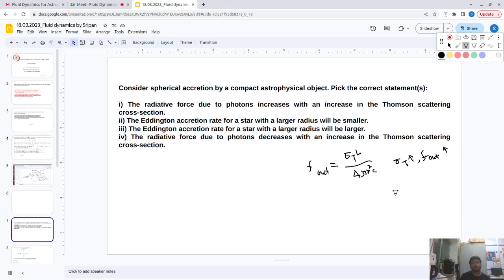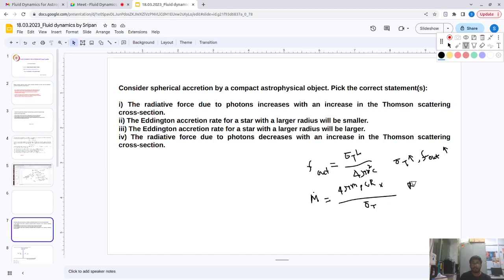Now, the Eddington accretion rate for a star with a larger radius will be smaller. Now if you remember the Eddington accretion rate formula, which is m dot equals 4 pi G M m_p c R star by sigma T. Now R star is the radius of the star.